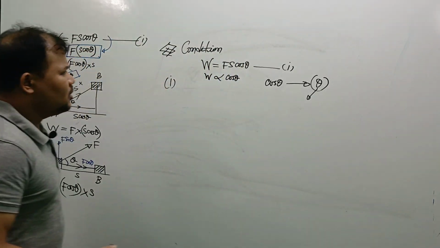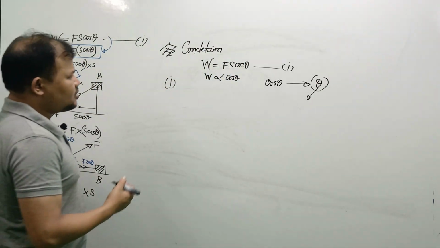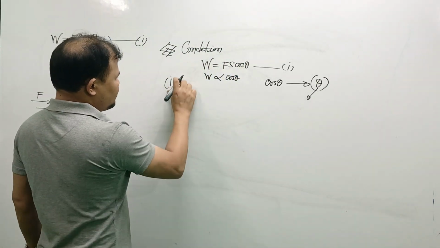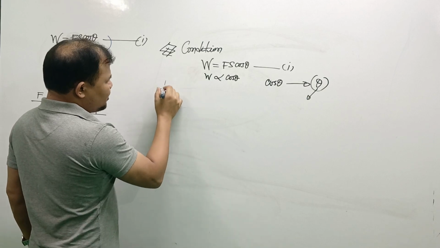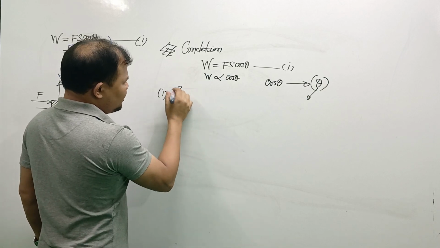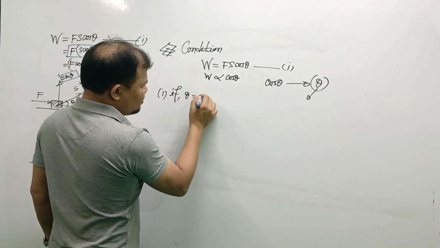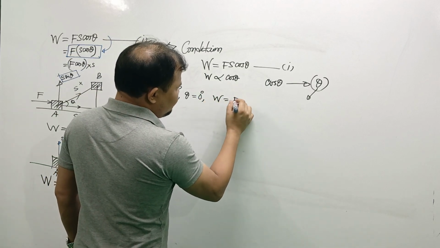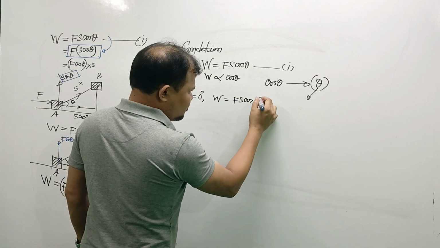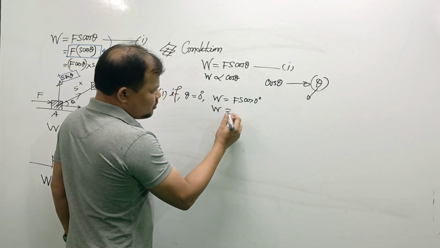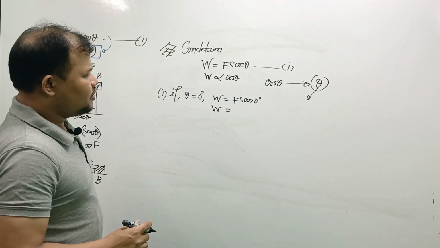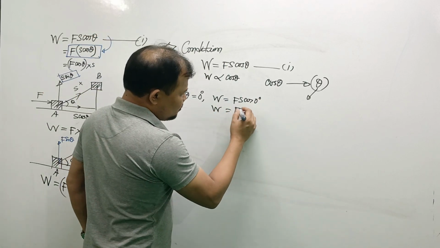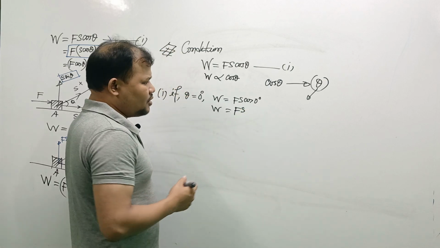Okay, because of that reason, at first we state condition 1. Our condition 1 is: if the value of theta is 0 degrees, then what will be the work done? W is equal to F S cos 0. As we know, cos 0 means 1, so we can write Fs.